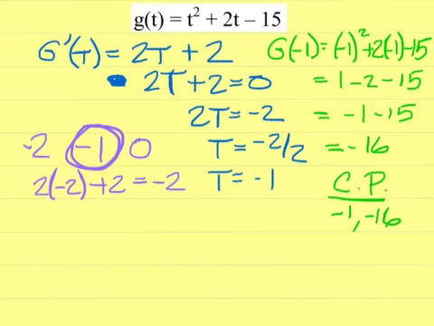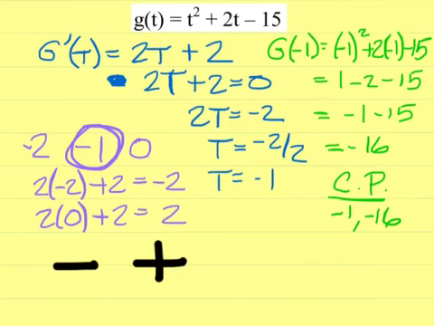And then plug in the 0. 2 times 0 and then plus 2. That should give you a 2. Your sign combinations are the following. You start with a negative and you end with a plus. What kind of critical point is it? A minimum, yes.